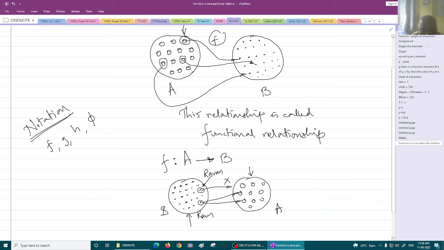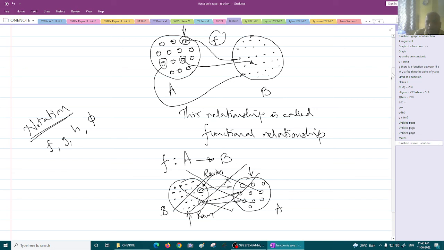One problem is that in set B you will find several names which cannot be associated with any person in A, and then there can be some name which is getting associated with two different people. So there are so many problems over here, and hence although there is a relationship, I cannot call this a functional relationship. I cannot call this a function.